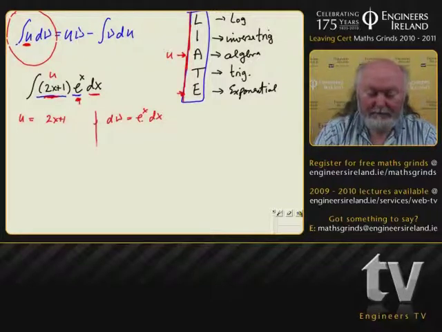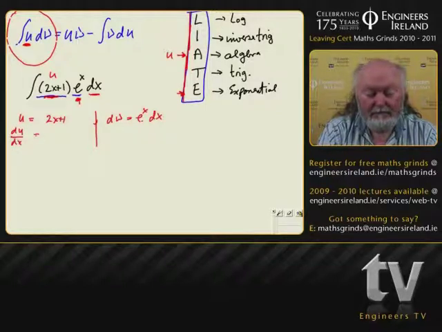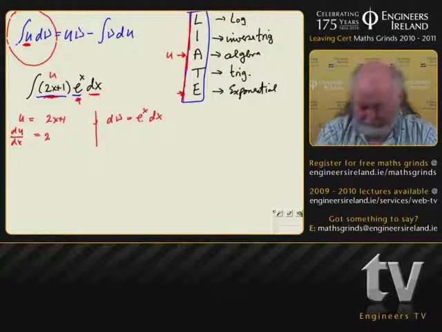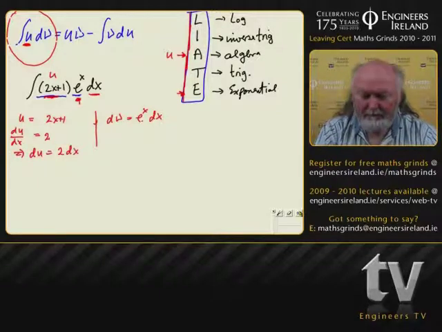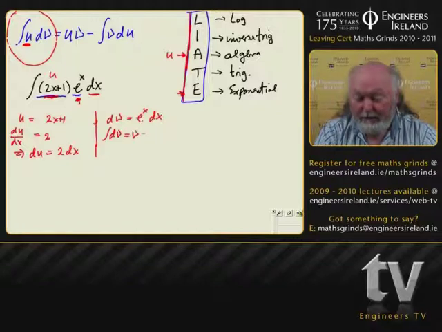Now, we're going to differentiate the u. And we'll have to integrate this side. The integral of dv, which happens to be v, is equal to the integral of e to the x dx.